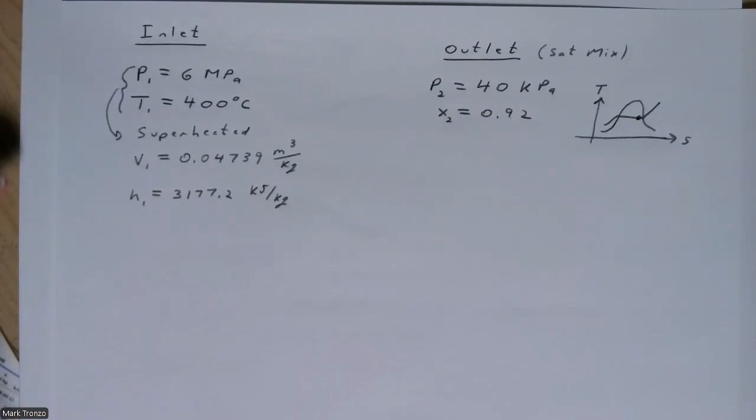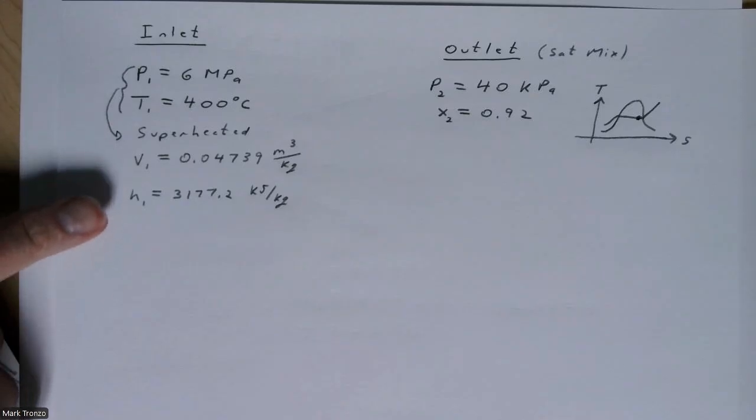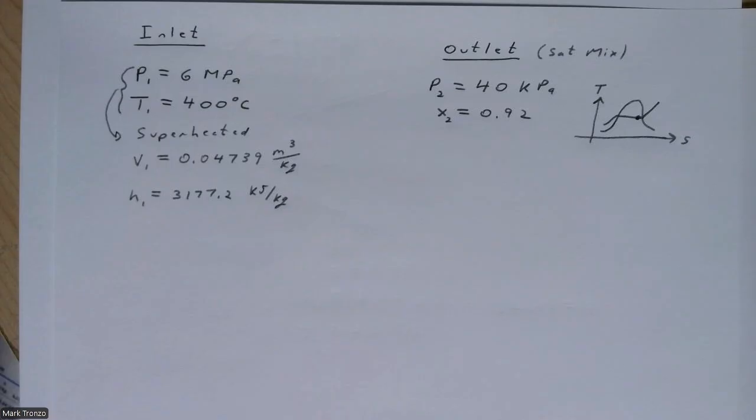Again, depending on which table you use, these values could be slightly different. I have two different books, and they don't show the exact same values for these. So if it's a little bit off, that's not a problem.